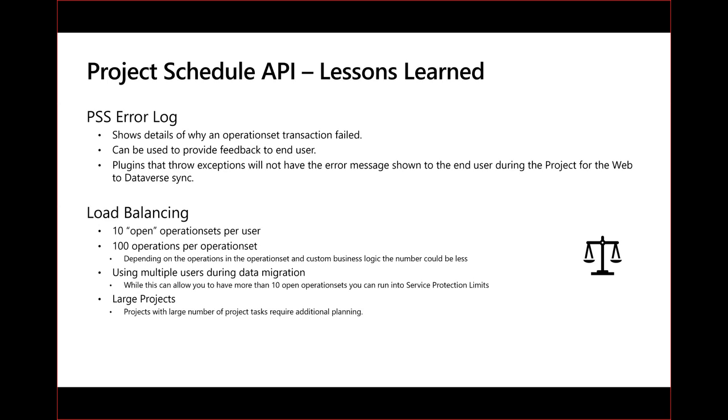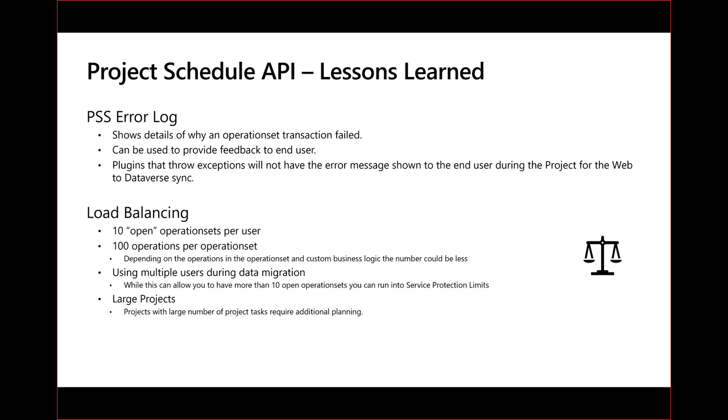Some remarks regarding load balancing. Each user can have a maximum of 10 open operation sets. If you try to have more than 10, the system will not accept the next operation set. Each of those operation sets can have up to 100 operations in it.